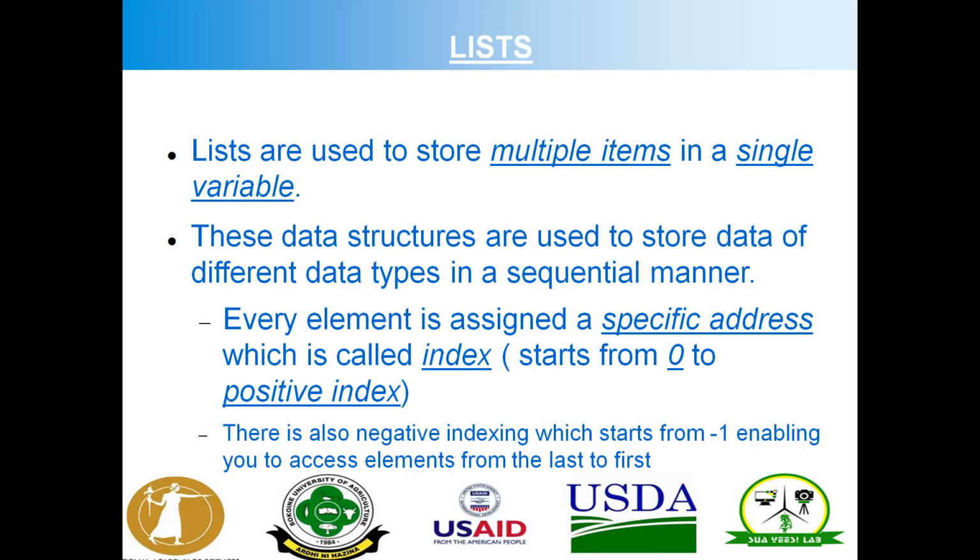Every item or element stored in the list is assigned a specific address, which we call an index. Normally the index starts from 0 up to the last item, so if there are 9 items, you will go from 0 up to 8.